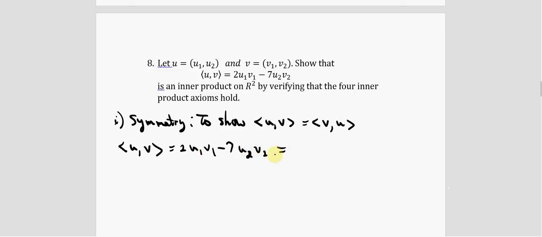Now, since the coordinates are numbers, you can commute those terms. So this is 2 times v sub 1 times u sub 1 minus 7 times v sub 2 times u sub 2. And that gives us the inner product of v with u. So that one holds true.